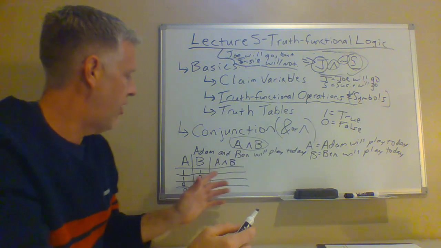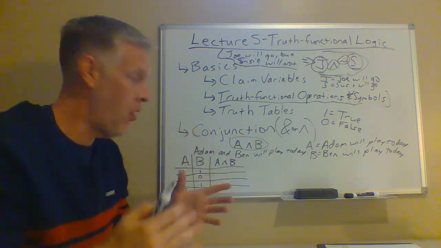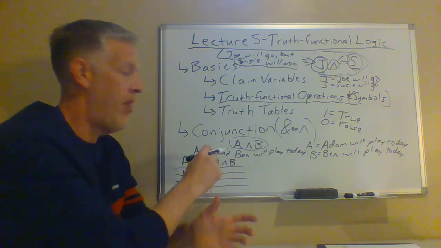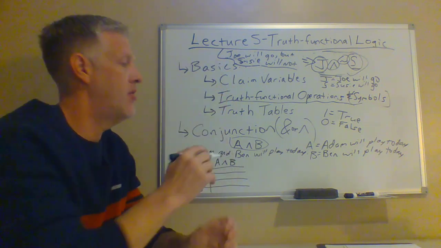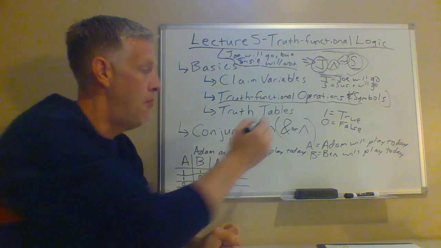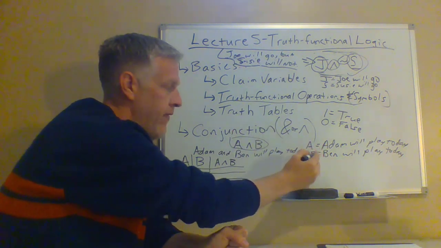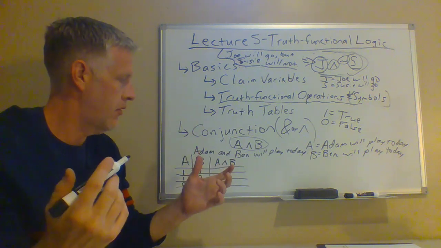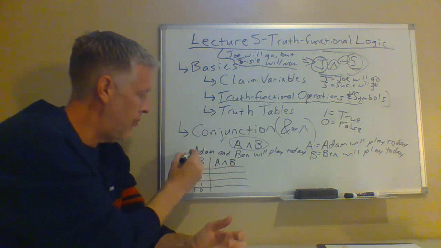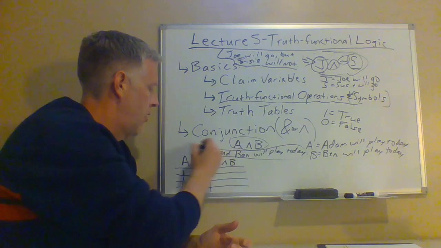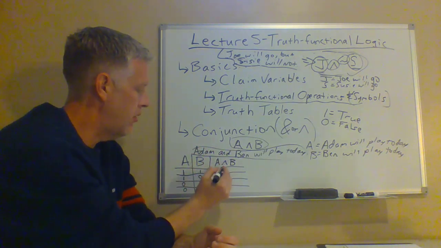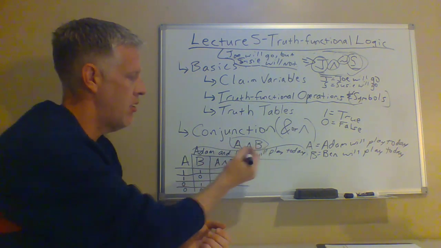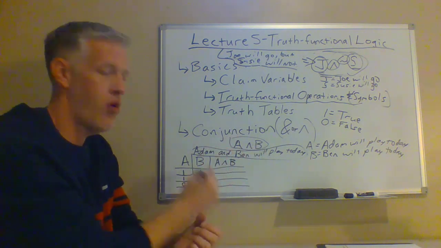Not just that Adam will play or that Ben will play, but that both things will happen. Okay? So for that to be the case, for us to suggest, okay, what they said was true, both those have to be the case. If even one is false or not the case, then what they told us as a whole was false. Okay? Because they're suggesting they'll both play. Okay. So they both have to be true. Both conjuncts, both sides, A and B, of the conjunction have to be true in order for it to be true.